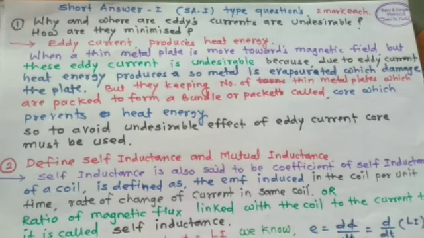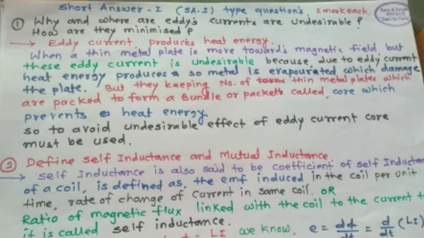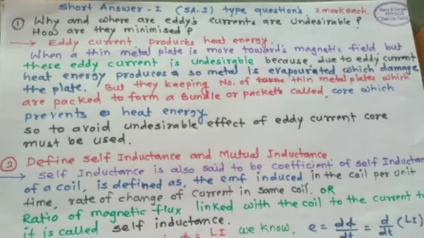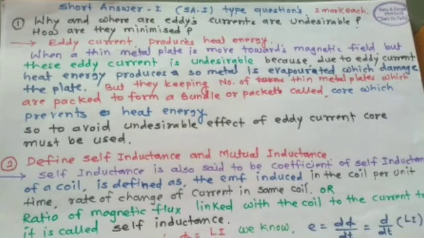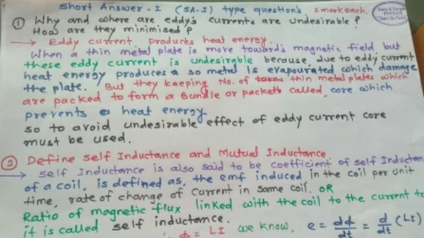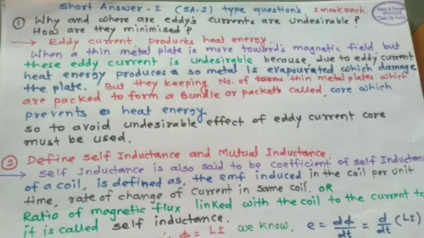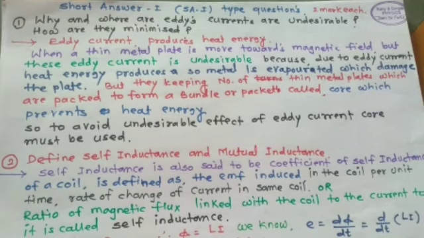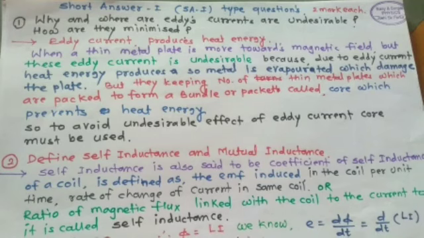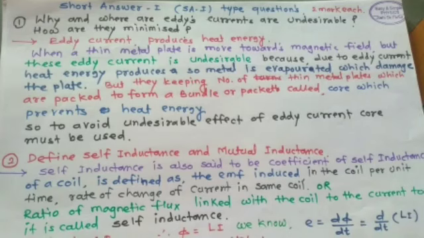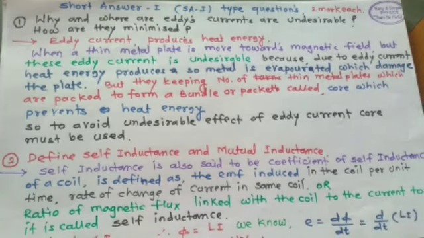So here we can write the answer. Eddy current can produce heat energy when a thin metal plate is moved in a magnetic field. This eddy current is undesirable because due to it, heat energy is produced, so the metal gets vaporized, which damages the plate.